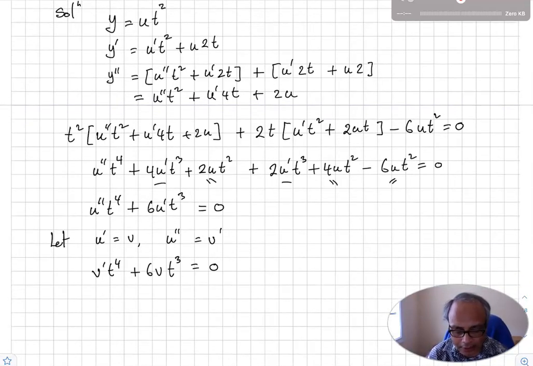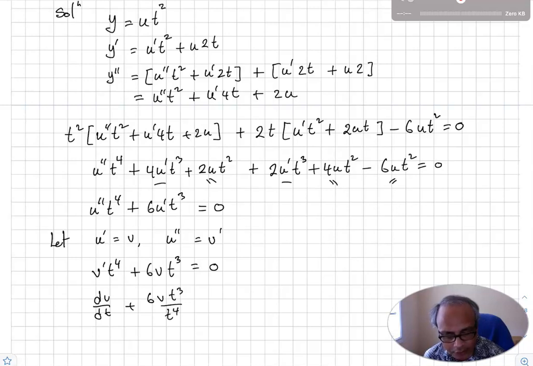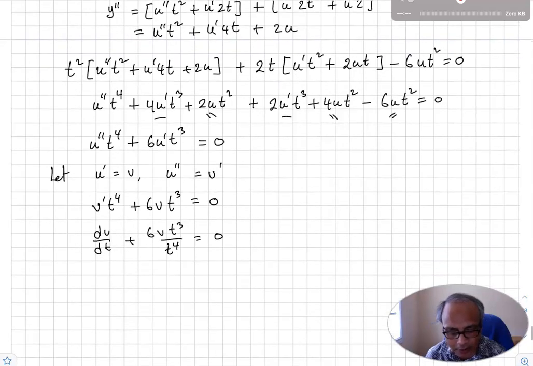Now this one is separable, so maybe first we write dv/dt plus 6v t cube divided by t to the 4. So you can divide by everything, you can divide by t to the 4. Now you can divide by v and multiply by dt.